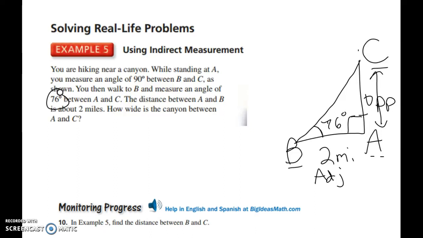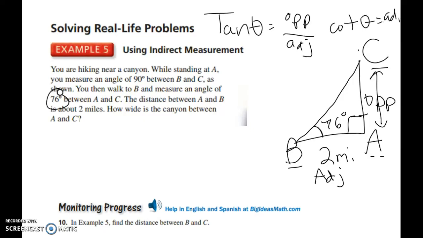So I'm going to use a trig function with opposite and adjacent, which means we can either use tangent, because it's opposite over adjacent, or cotangent, which is adjacent over opposite. It's easier if the variable is in the numerator, and since we're looking for the opposite, which we can call x, let's go with tangent.